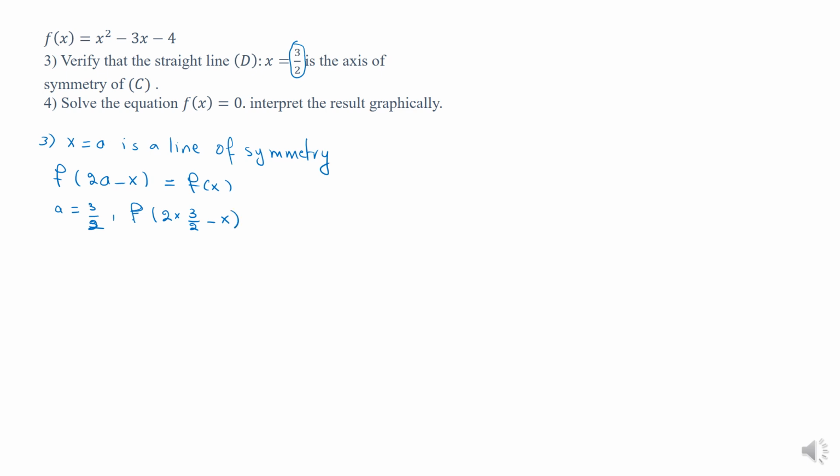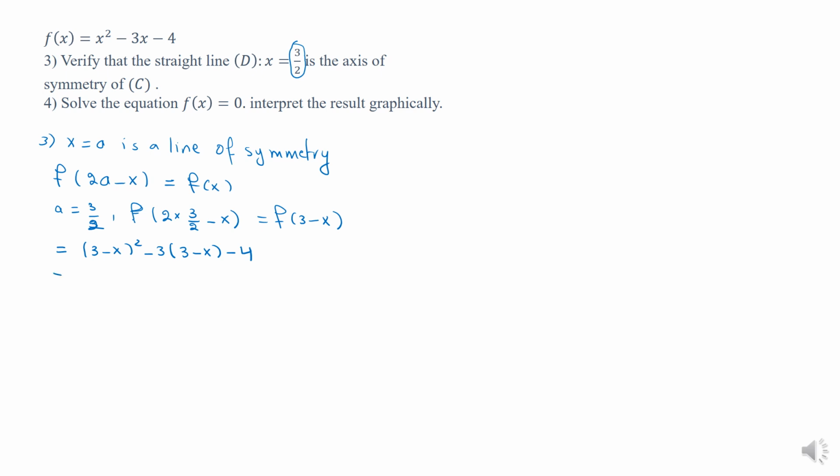F of 2 times 3 over 2 minus x is equal to f of 3 minus x. This is f of x, x squared minus 3x minus 4. Instead of x, we will substitute 3 minus x in order to find f of 3 minus x: 3 minus x squared, minus 3 times 3 minus x, minus 4.